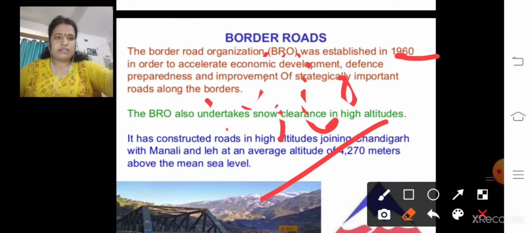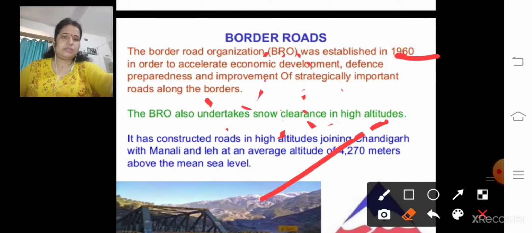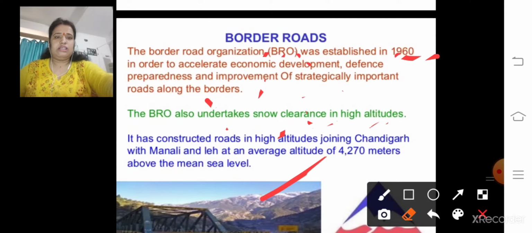It was established in 1960 in order to accelerate economic development, defense preparedness and improvement of strategically important roads along the border. The BRO also undertakes snow clearance at high altitudes.